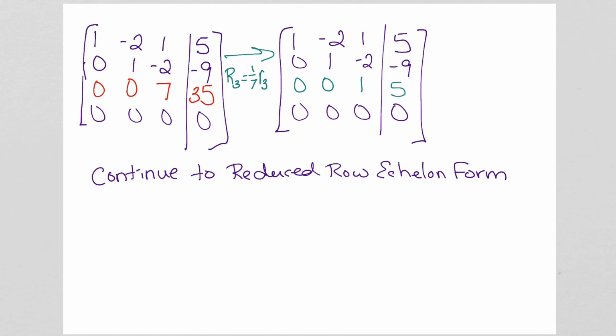So taking that matrix up in the top right, we're going to get a 0 here, and we're also going to go ahead and get a 0 here.